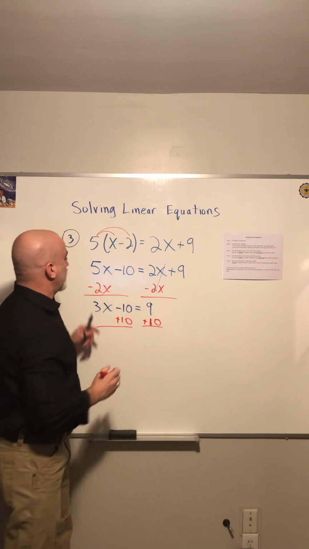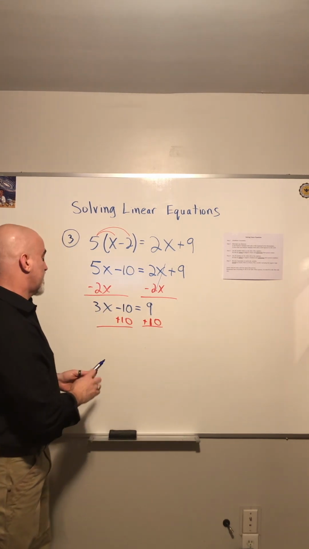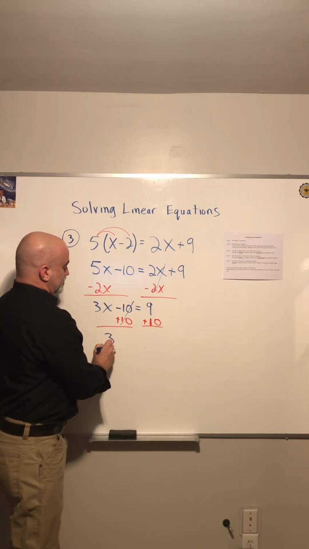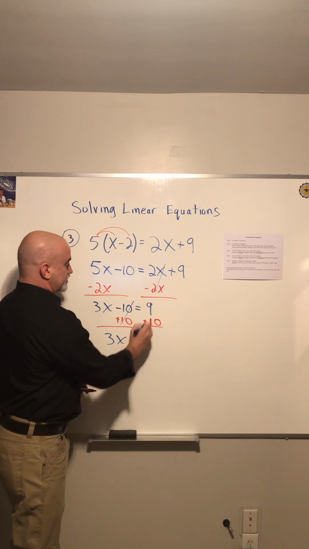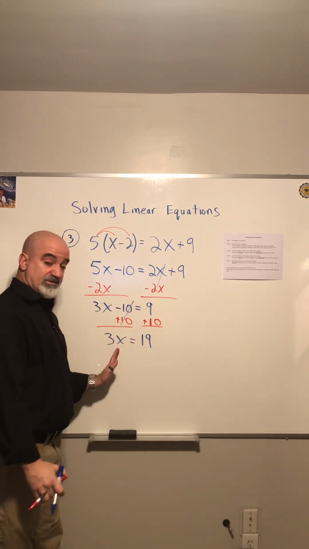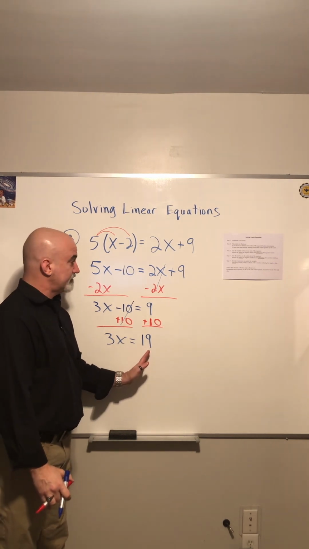Remember, you notice that in red, I'm doing everything twice, right? Whatever I do to one side, exactly the same to the other side. That's going to cancel out, so you get 3x equals 19. So I've got all the variables on the left, numbers without variables on the right.